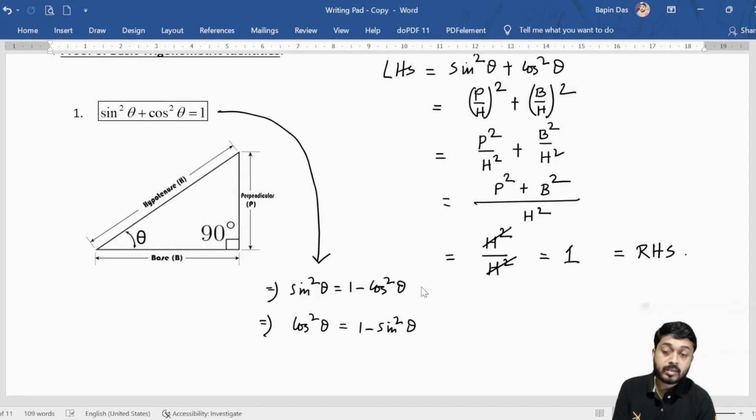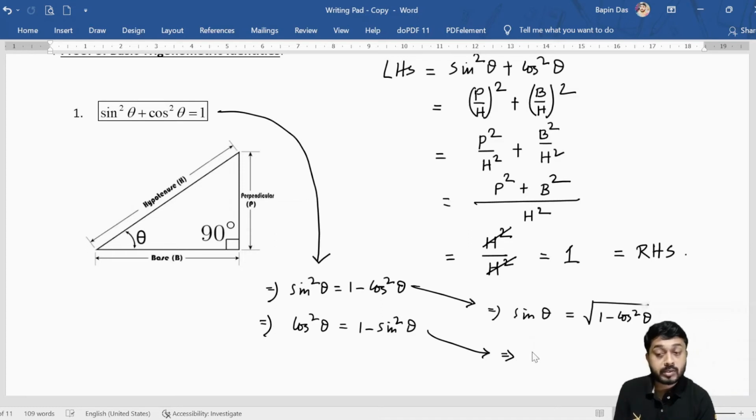Yes, as simple as that. So from this we can also write sin theta is equal to under root 1 minus cos square theta, right? And from here, in a very similar way, by taking the square root of both sides, cos theta is equal to root over 1 minus sin square theta, right?